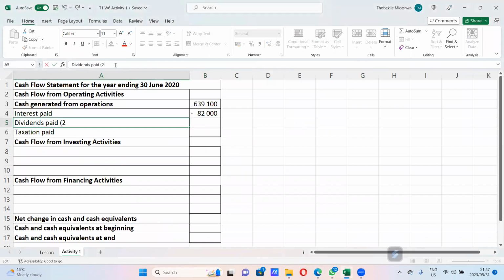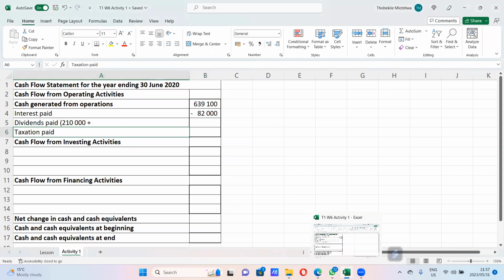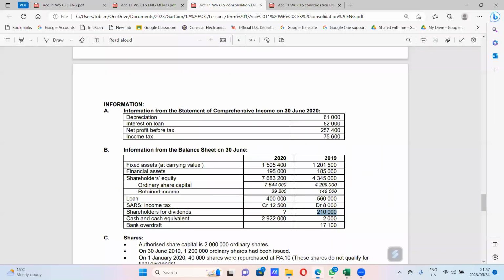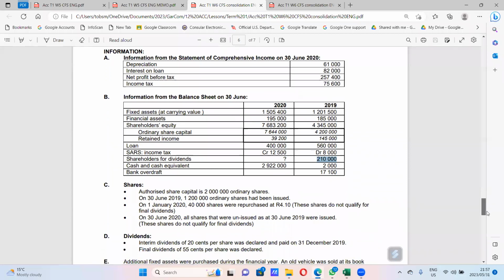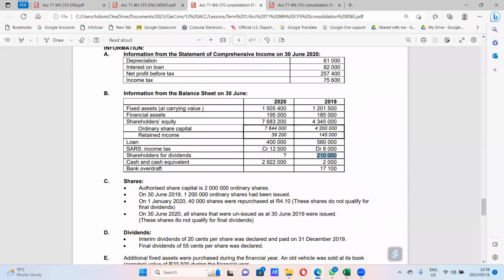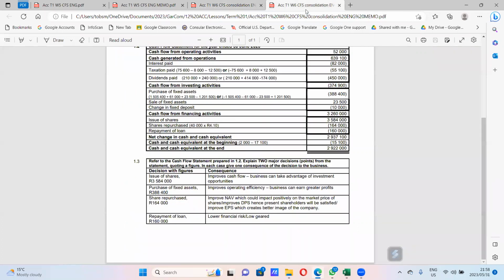Now how much is the amount for this year? Plus the interim for this year, not the final for this year. That's what we need. So interim for this year, do we have it? Most of the time we need to calculate it. Interim dividends of 20 cents per share was declared and paid on 31 December. Okay, they worked out the note.